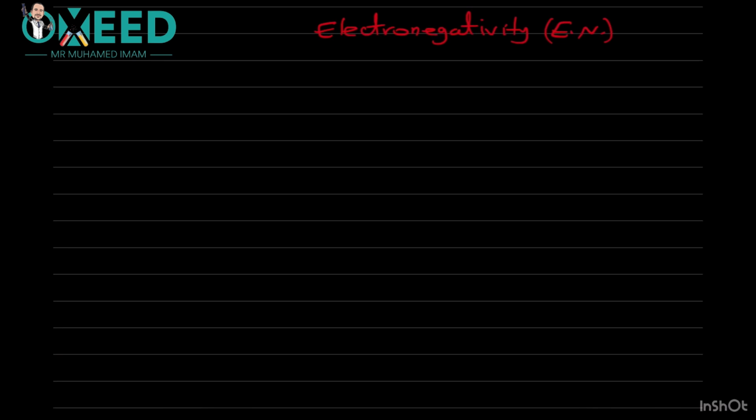So the electronegativity appears only in the presence of a bond. It may be found in the ionic bond, or in the covalent bond, as we will see.